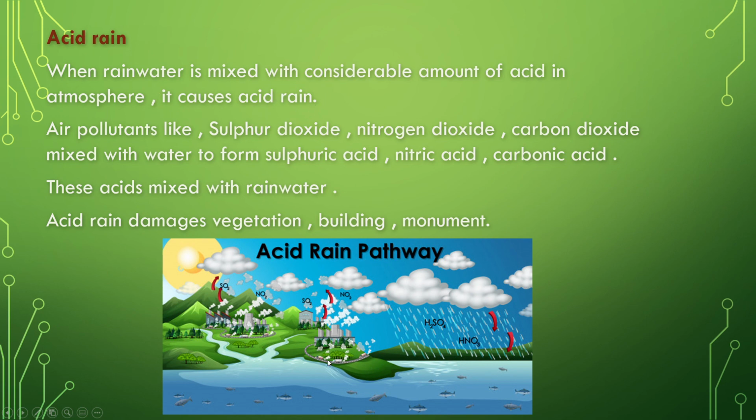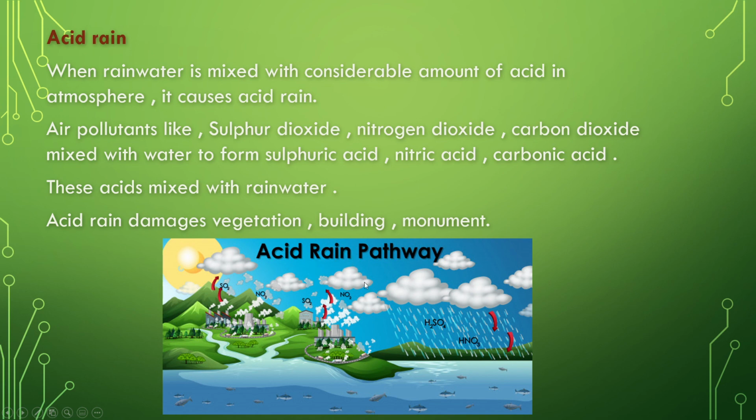So how does it happen? Suppose there are so many factories and so many vehicles, and they always release some gases. These are sulfur dioxide, nitrogen dioxide, carbon dioxide. So many gases are released into the atmosphere, and then rainfall occurs.